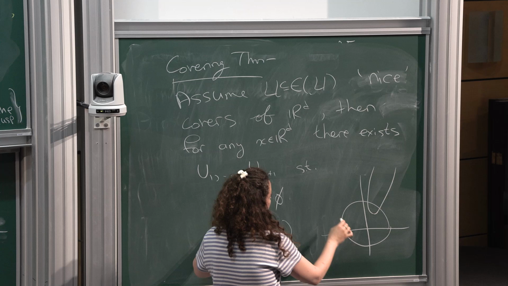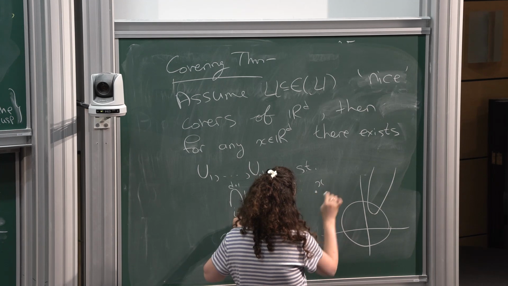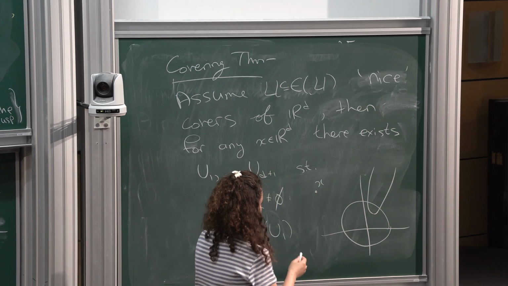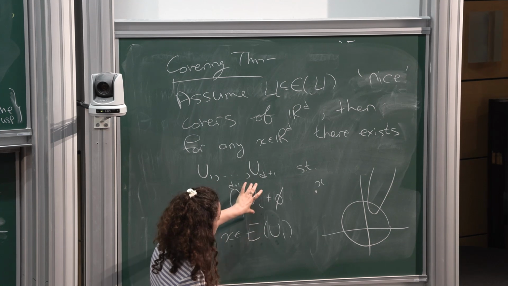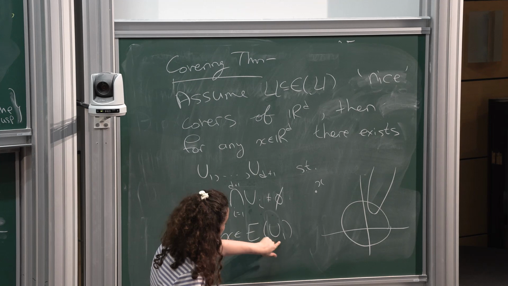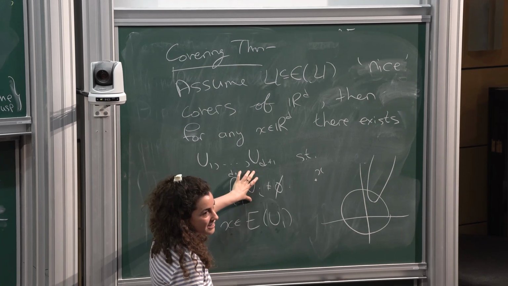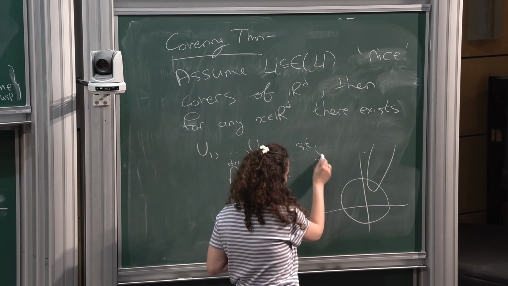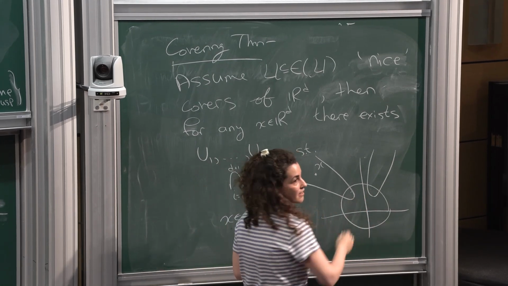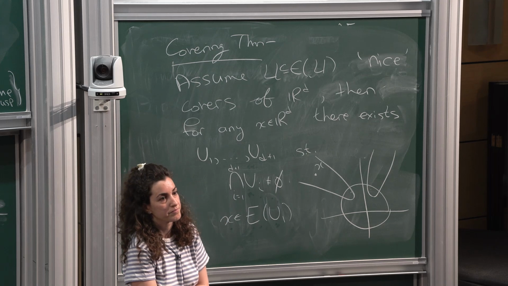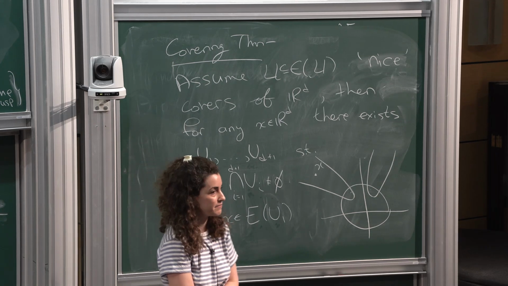If you take any point X, it must be contained within some EU1, so that U1 must intersect the compact part, and so this X must be in one of these finitely many sets that intersect the compact part.